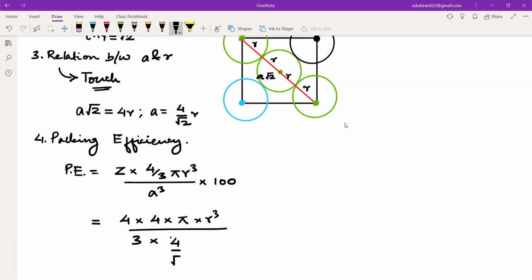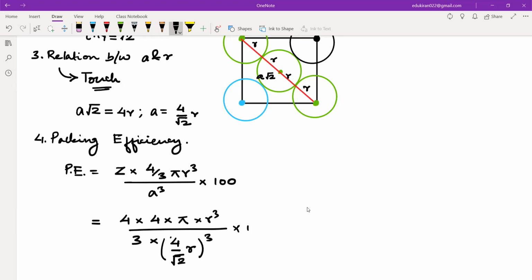Just wait a second. Okay. Sorry for that. 4 by root 2 r will be whole cube, isn't it? We haven't missed anything, right?